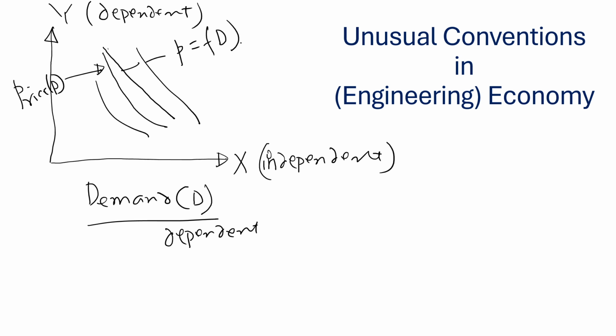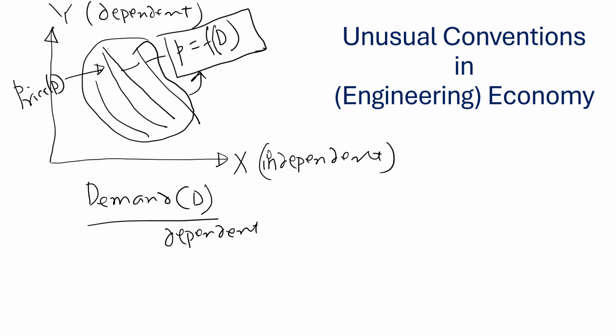P is the y, and demand is the x. So y equals a function of demand: P is equal to a function of demand. That's how you translate this relationship into a mathematical equation.